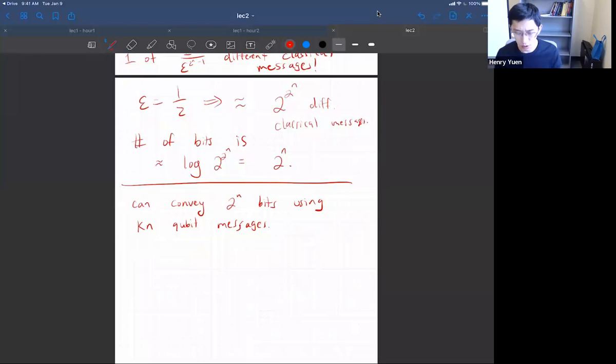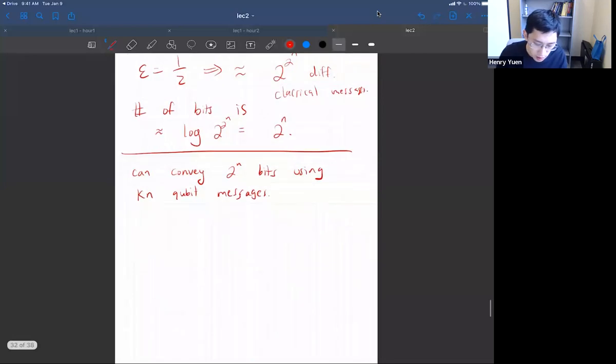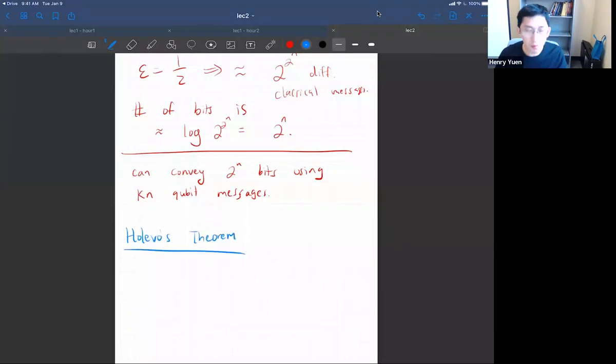But that's too good to be true, and that's due to something known as Holevo's theorem. This theorem places fundamental limits on the ability for quantum states to convey classical information.